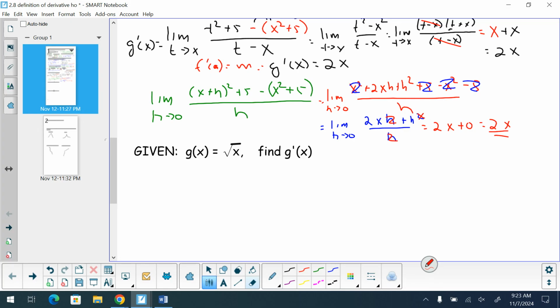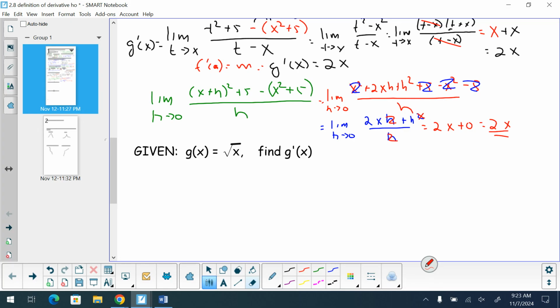I'm more of a factoring person. It's interesting, if you look at your calculus book and go through it, they steer towards the difference quotient a little bit more.